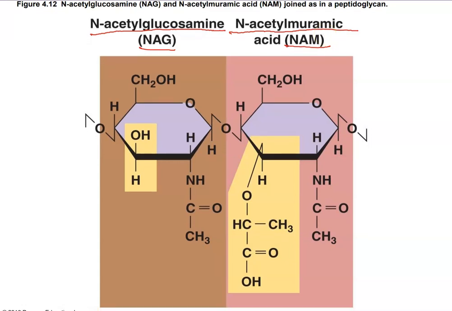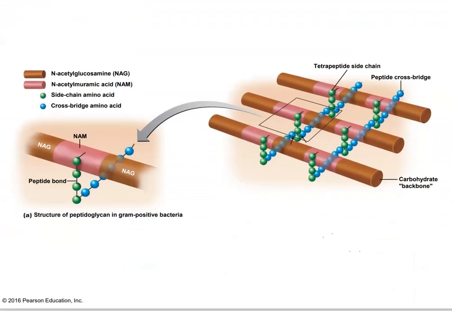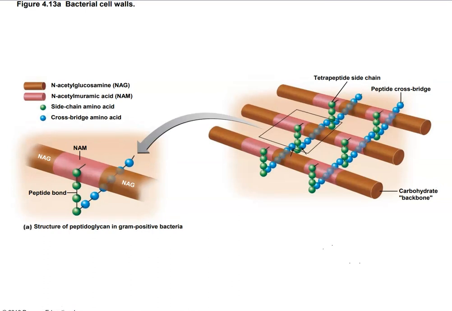So this would be a disaccharide, and here's what it looks like. Our NAG and NAM are color coded in pink and brown, I guess. NAG, NAM, NAG, NAM: rows of disaccharides going down this way.